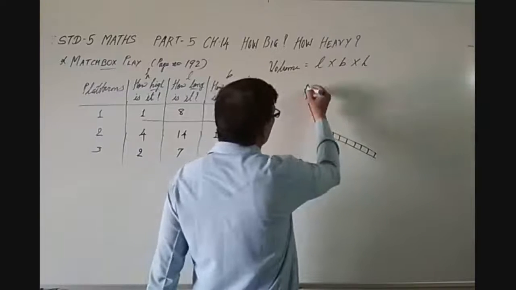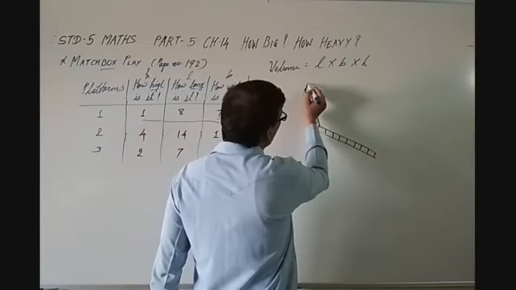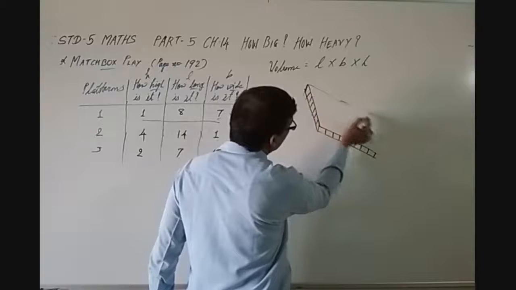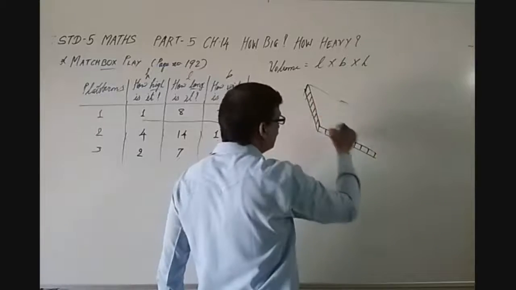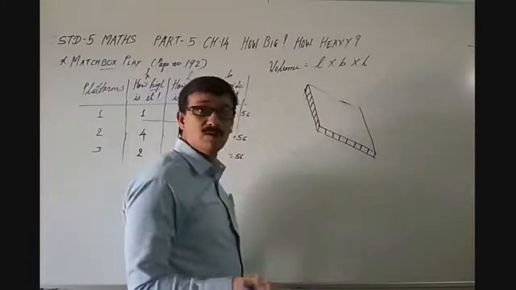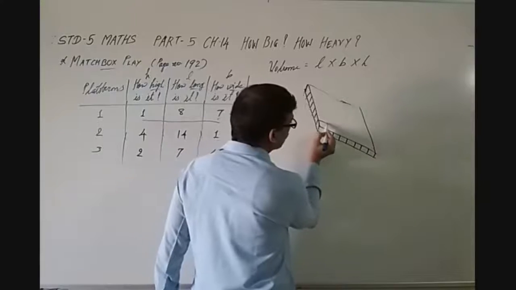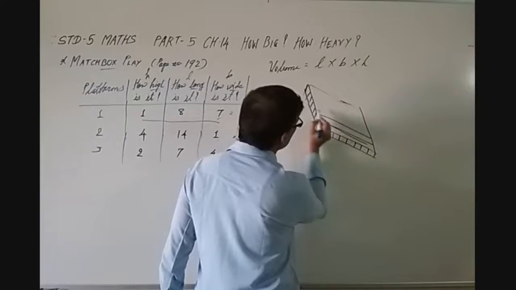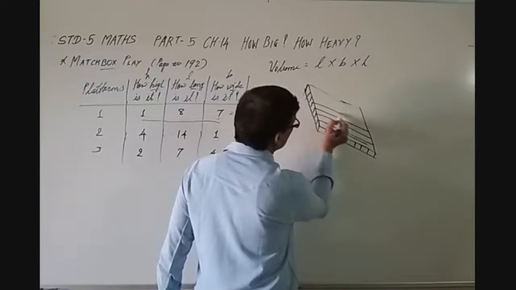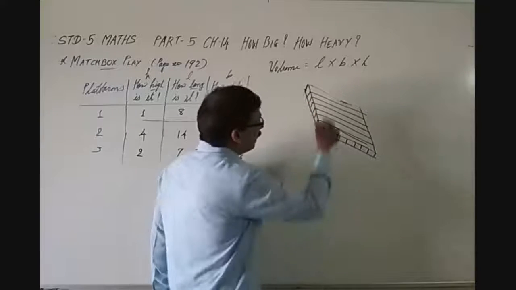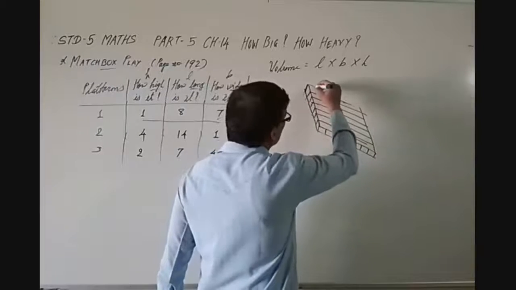Now we have to go, see, this is parallel to this. We should go parallel, and this is parallel to this. Now you just have to join these lines. Join these lines. Okay, and join these lines.